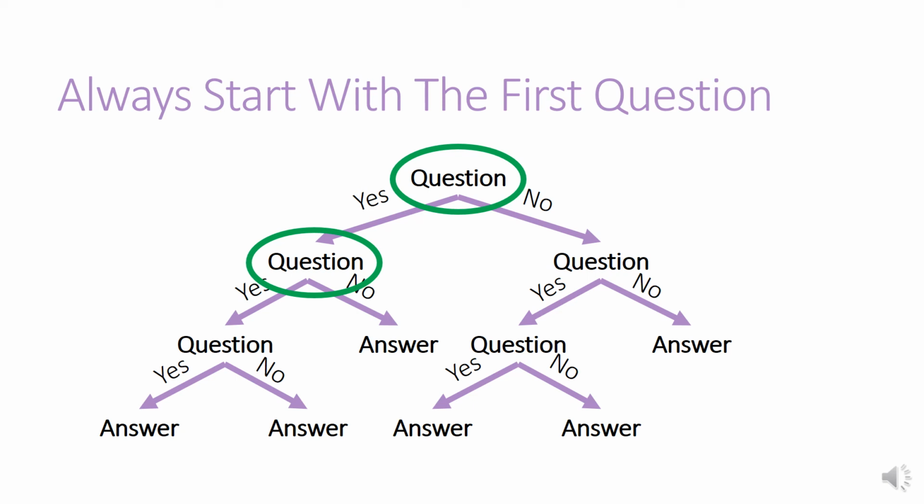I ask a new question, my answer to it may be no, and it leads me to a possible answer. But if I try to take a shortcut, if I try to jump to a question without starting with the first question, let's say I try to start here instead, well, because of the way this dichotomous key works, I can really only work my way down on this dichotomous key. There's no way to go from this question to the true answer that I really want. It always works best to start with the first question and go in order.